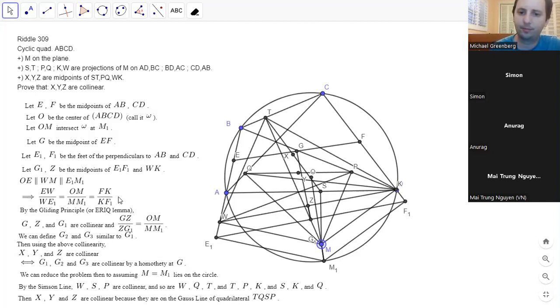Could we also say, not by the gliding principle or the ERIQ lemma, but just by homothety? Would it be enough? It's not exactly a homothety because we don't know the center of the homothety.